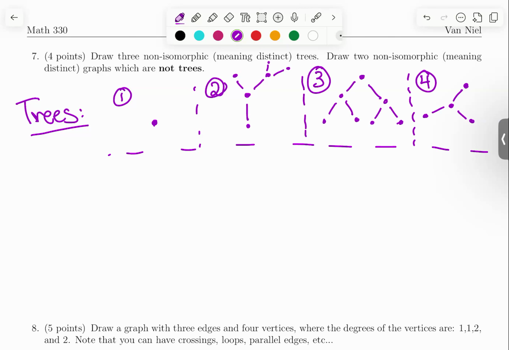But remember, trees don't have cycles, so you can't make a loop-de-loop going along only one edge once. Like, okay, so that didn't make any sense. Non-trees. So one would be a point with a loop.